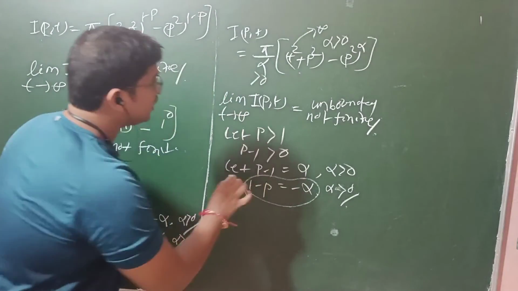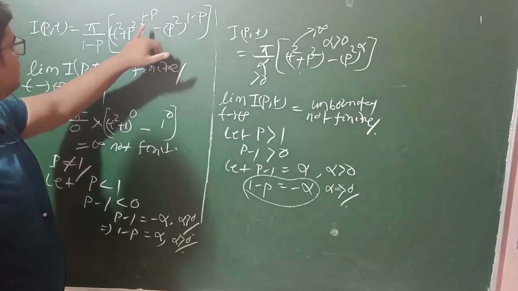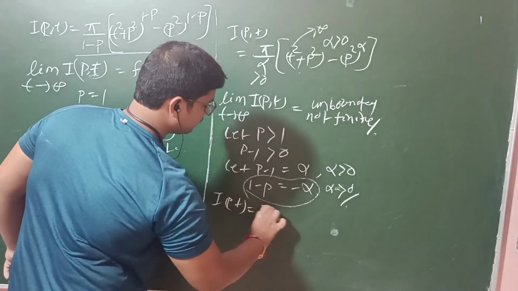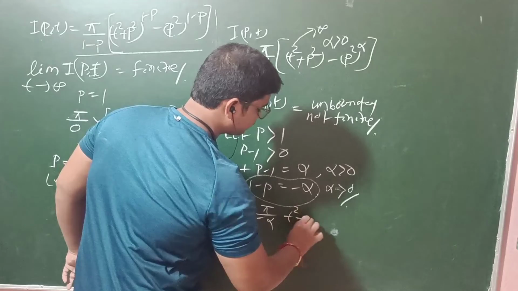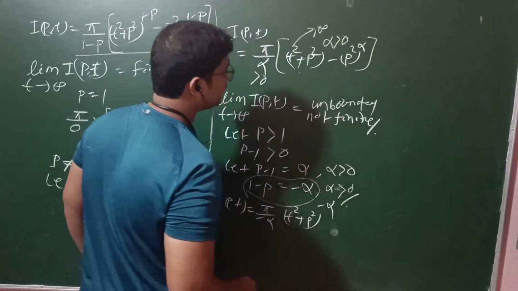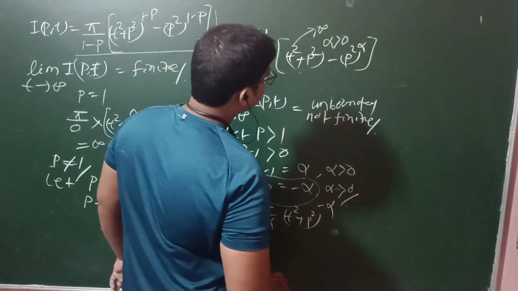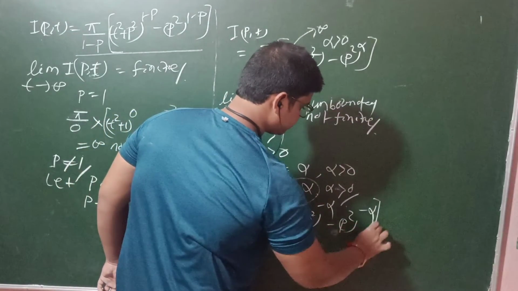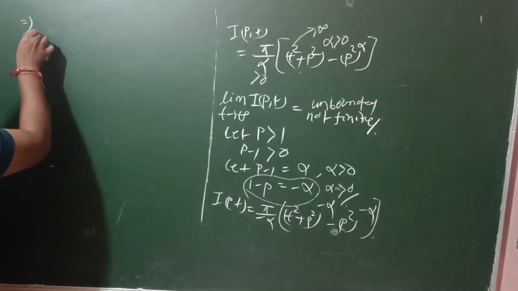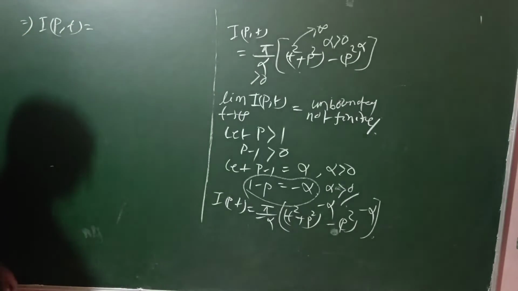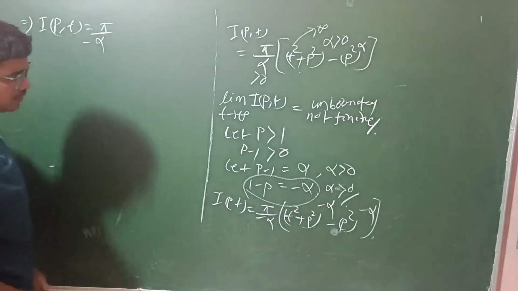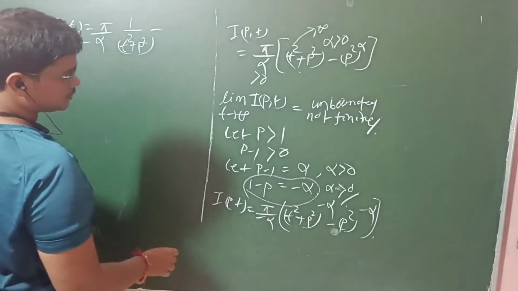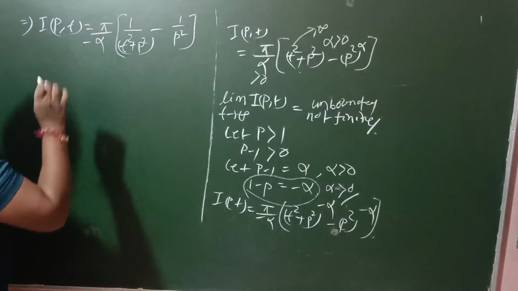Similarly, when we put this value in this equation, then we get I p equal to pi by minus alpha into t square plus p square to the power minus alpha minus p square to the power minus alpha, which implies I p equal to pi by minus alpha times 1 by t square plus p square to the power alpha minus 1 by p square to the power alpha.